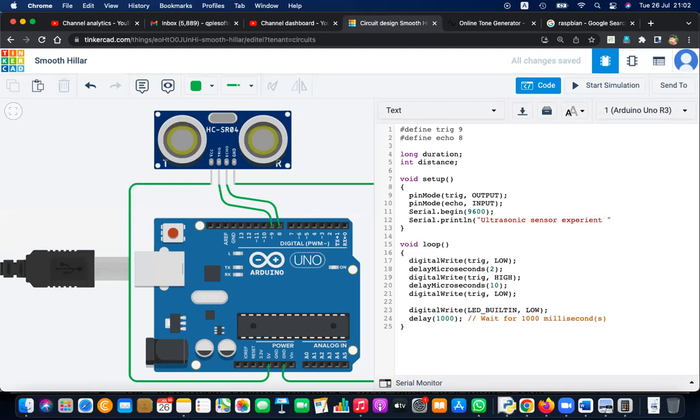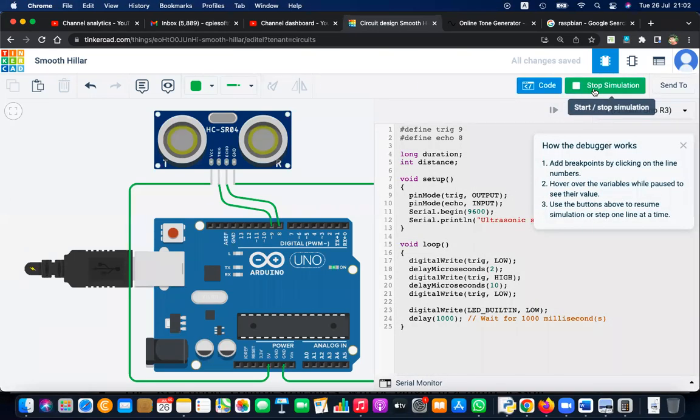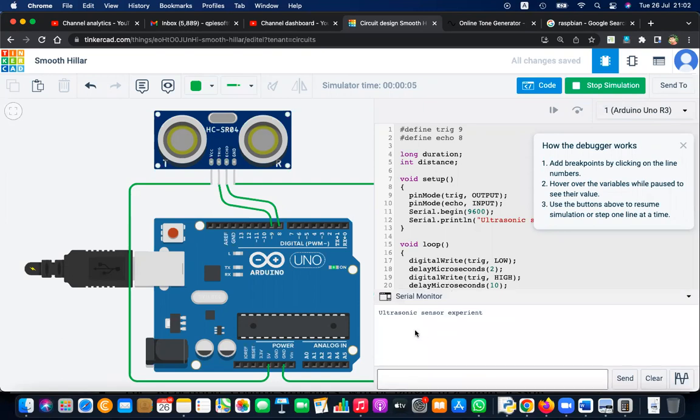Let's run this one more time and just show that there are no errors. So just click on the serial monitor here, which is underneath, and you can see ultrasonic sensor experiment. That text comes here. The serial monitor is just used to give some text output. That is why I'm beginning the serial monitor and showing some output there.